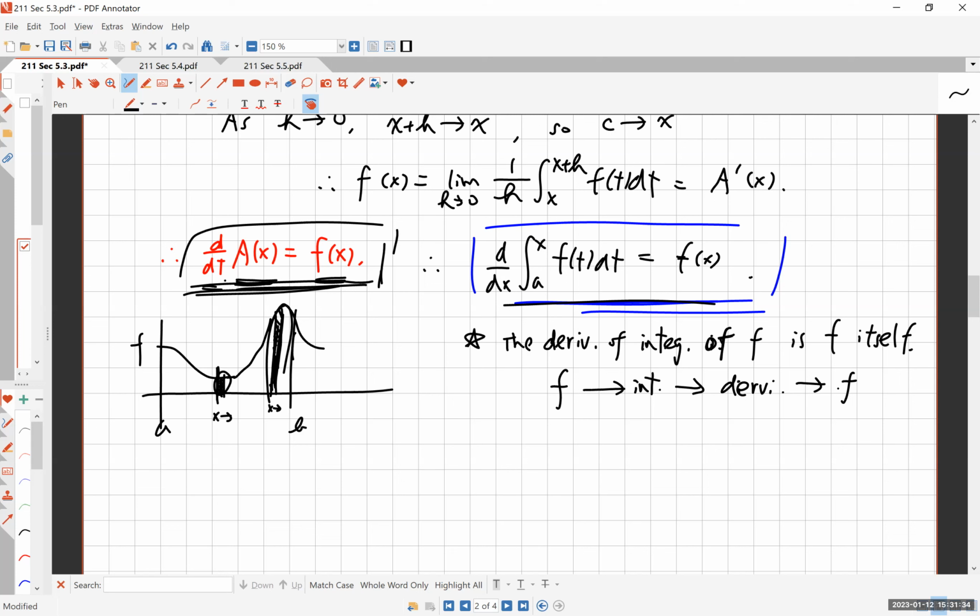Maybe I should write it this way. You start with f, and how do you integrate this? You just take the integral from a to x of f dt. This process is the integration. But if you differentiate the integral function, then you get the original f back. So essentially, this is saying differentiation.